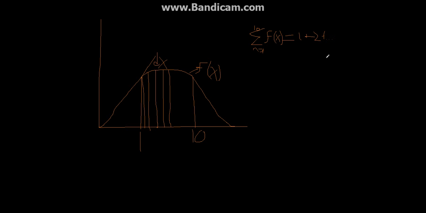This is basically just summing up all of this from 1 to 10. So we could do it like that, but that's not quite how we want to do it. We want to get something a bit more precise.